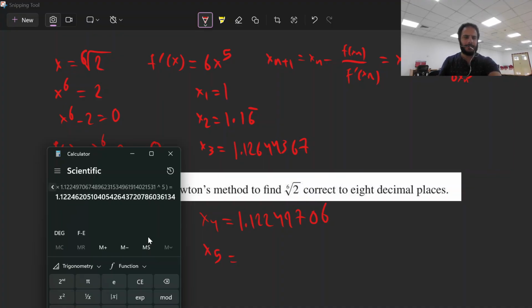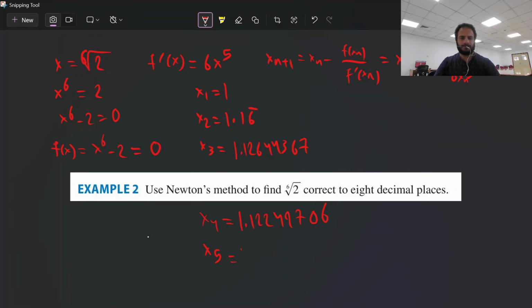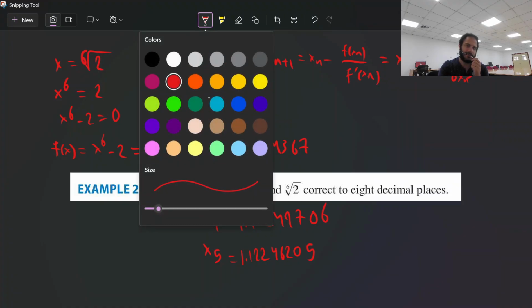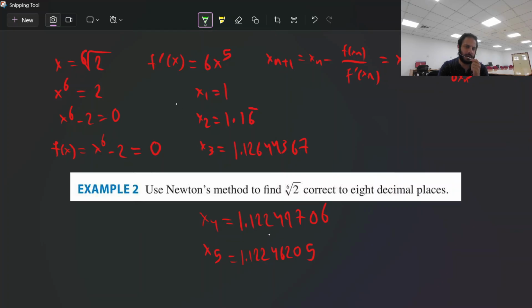You get this number. Now who wants to tell me what are the correct digits until now? What do you think? What are the correct digits?